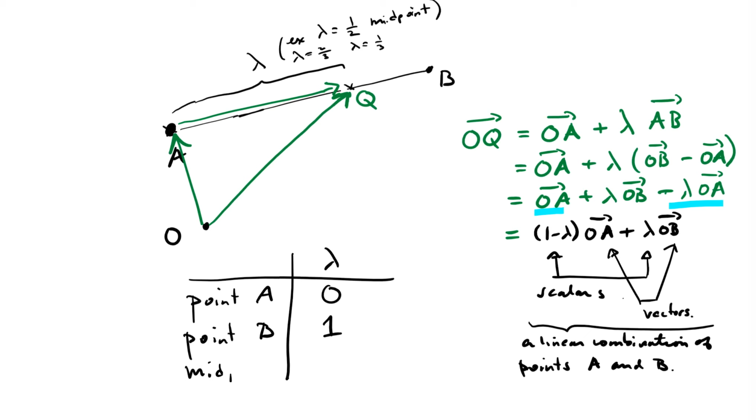And the midpoint is when lambda is a half. So when you want to generate any points between points A and B, lambda is going to be a value between 0 and 1. If it's a third of the way, lambda is a third. If it's 2/3 of the way between A and B, lambda is 2/3. Okay, and that's it for section 3.1.